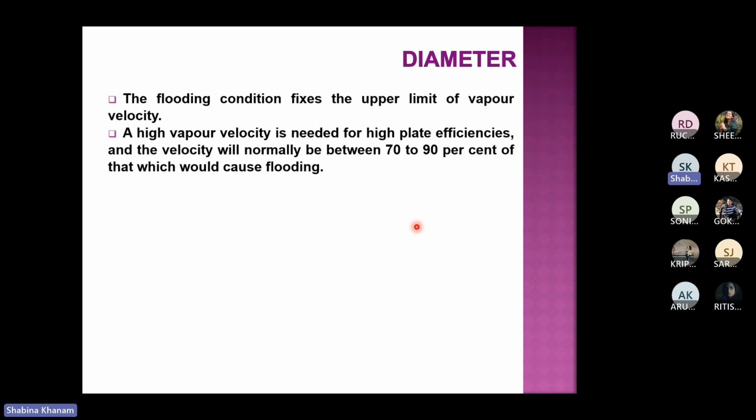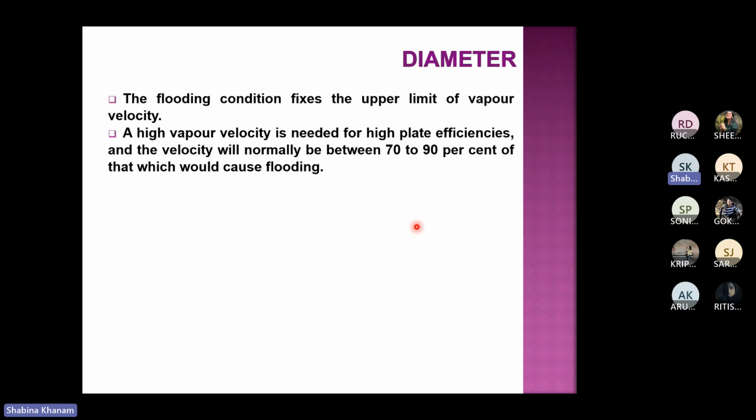So that we will always remain in a feasible range, and flooding can be avoided completely. So the actual vapor velocity should be 70 to 90% of the velocity at which flooding will occur. I hope you are getting my point.